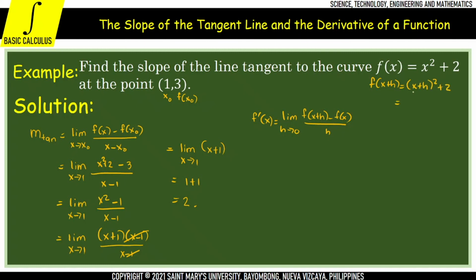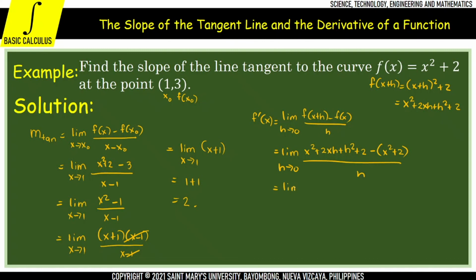Next, simplifying, sabi natin ang x plus h squared is, we have x squared plus 2xh plus h squared plus 2. Substituting in our given formula, that is equal to limit of x squared plus 2xh plus h squared plus 2 minus the original function, which is x squared plus 2 all over h as h approaches 0.